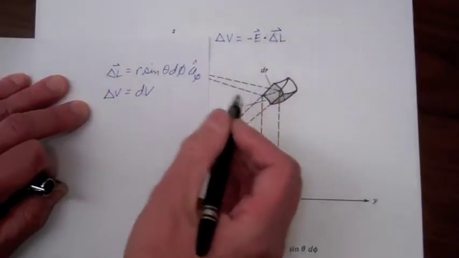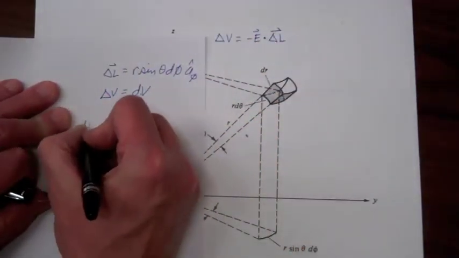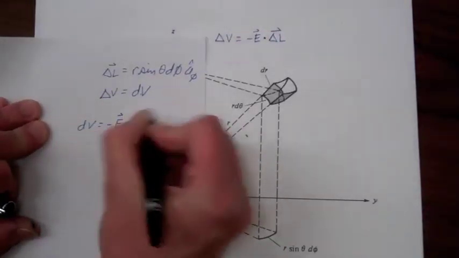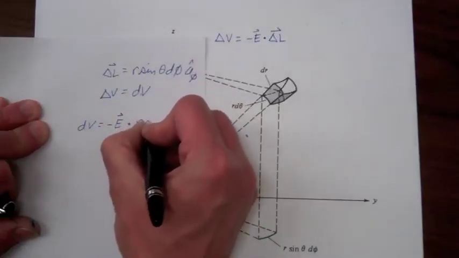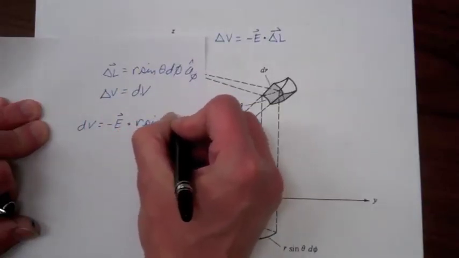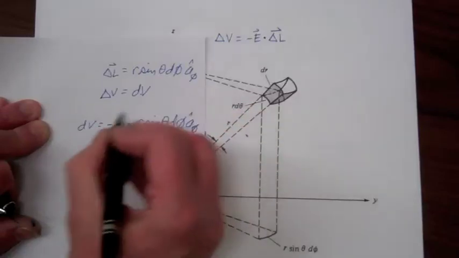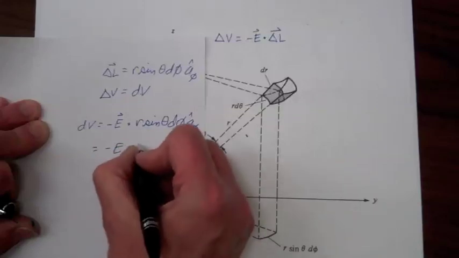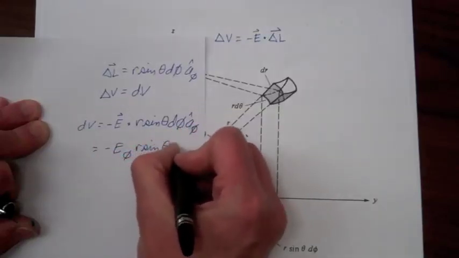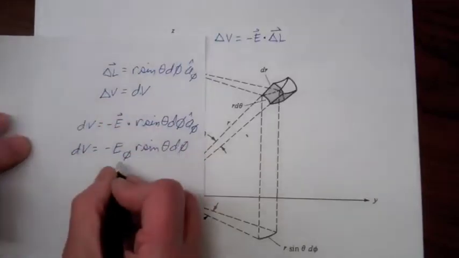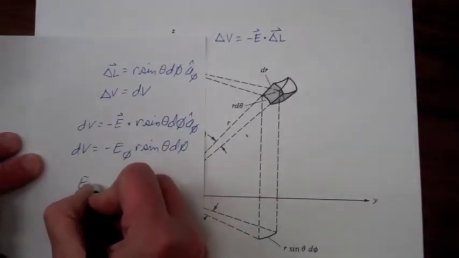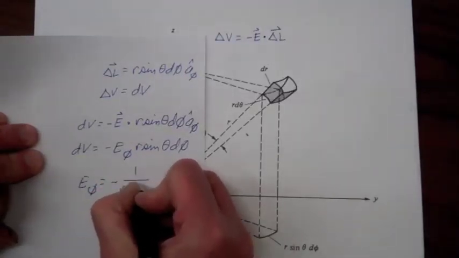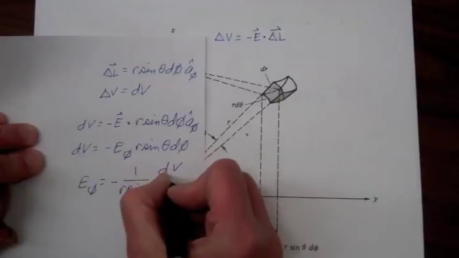So now substituting in our expression here, we have dV is equal to minus E dot delta L, which is r sine of theta d phi a sub phi. So E dot a sub phi will give us the electric field in the phi direction. So solving for E sub phi, we see it's equal to minus 1 over r sine of theta dV d phi.